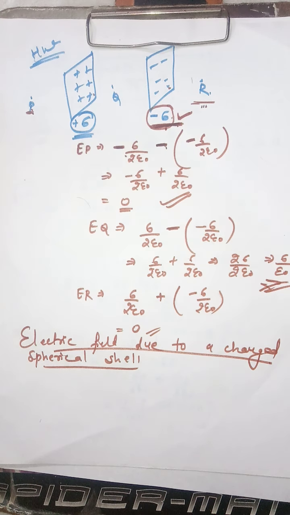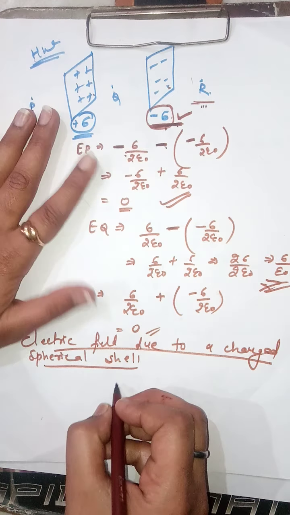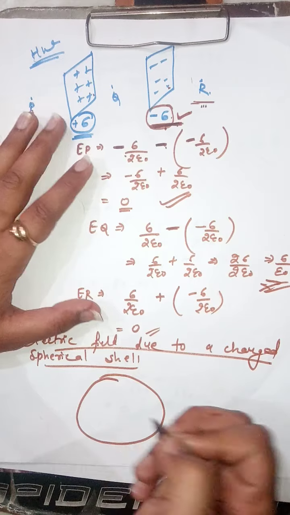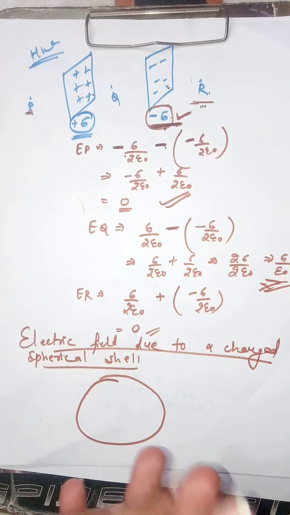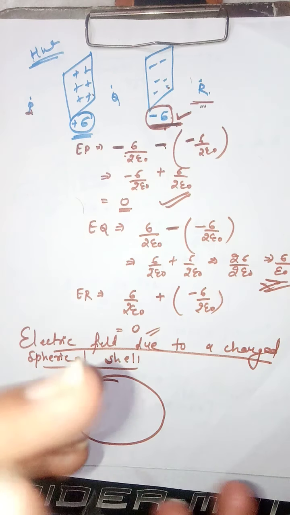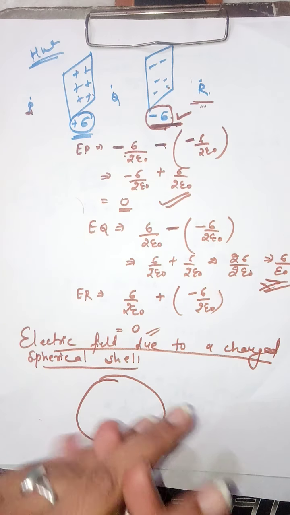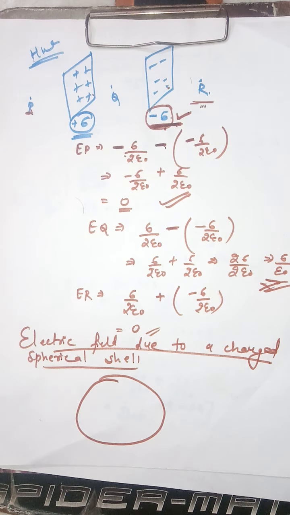Write down: consider a charged spherical shell of radius R having a charge q on it. You have to write down the things which I am saying when I am deriving the expression. This simple thing should be known to you. Let there be a charged spherical shell of radius R having a charge q on it.